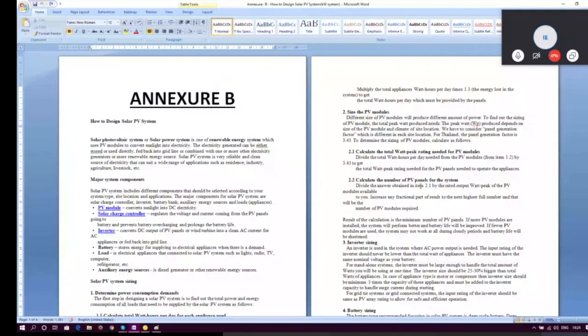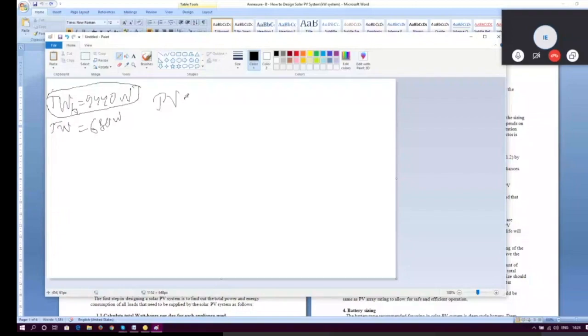So first we need to multiply the total appliance watt hours by 1.3. This is the energy loss. 30% is generally the energy loss considered for an off-grid system. So the first step in PV sizing is the total watt hour multiplied by 1.3.